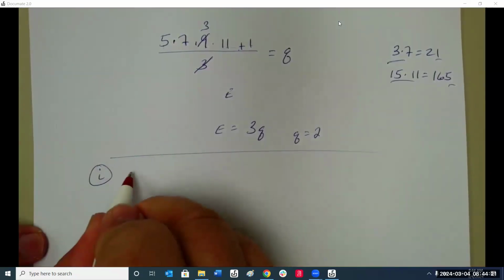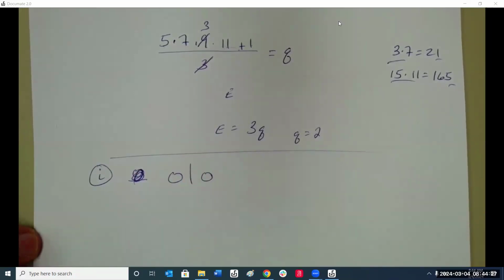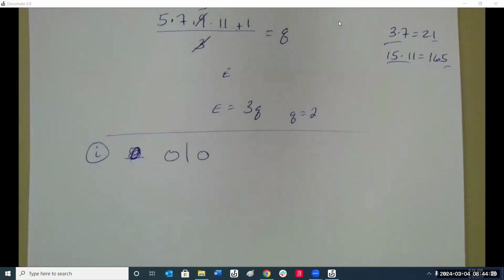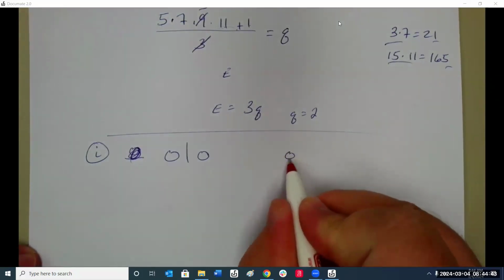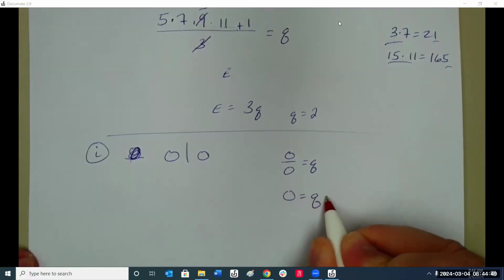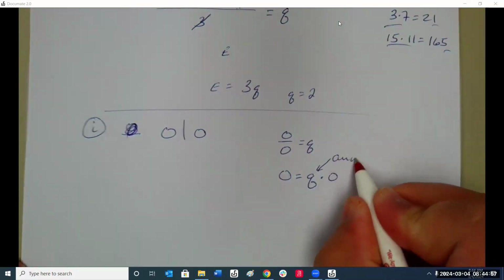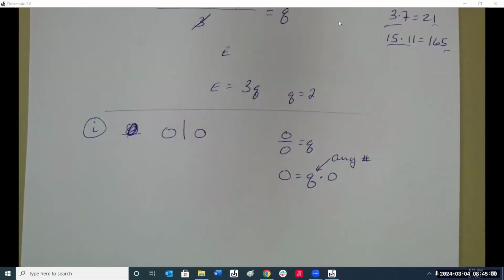I. 0 divides 0. True or false? Why? So that means any number I put in for Q works, right? Does that mean it's unique?